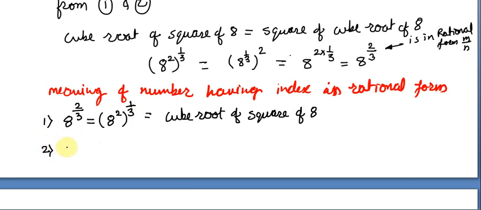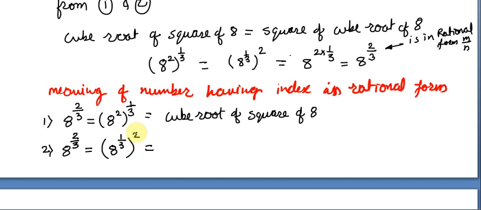Another is 125 raised to the power 2 by 3. Sorry, we will cancel this example. We will take it in another way. 8 raised to the power 2 by 3 is also written as 8 raised to the power 1 by 3 and its square.